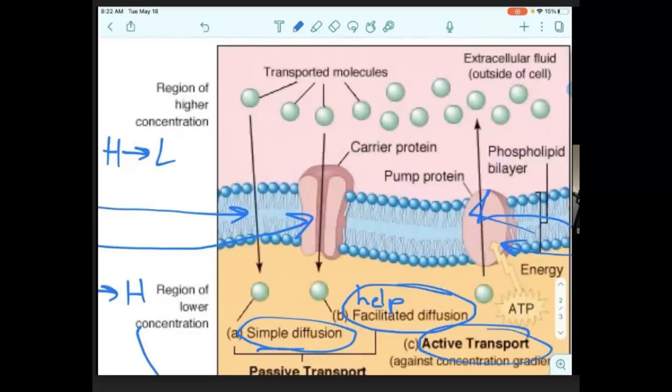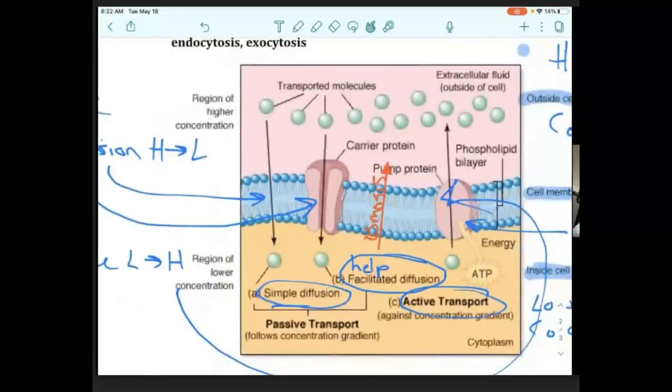Which way is osmosis going to want to go? It's going to go the opposite way. So it's going to want to go out of the cell. So let's draw an arrow and we'll label it osmosis. Osmosis is going to want to go opposite the direction of diffusion. Or another way to think of it is the same direction as active transport, but that's a little confusing. So just remember O for opposite.